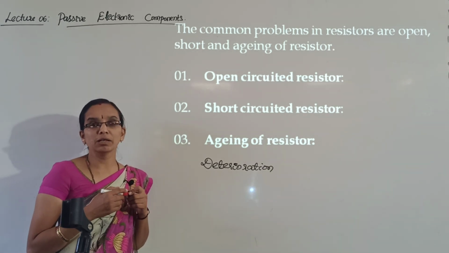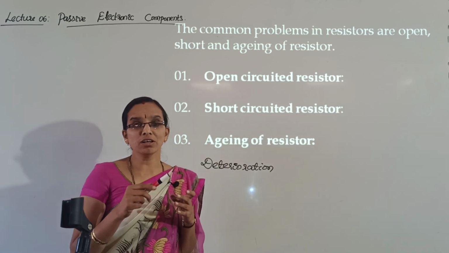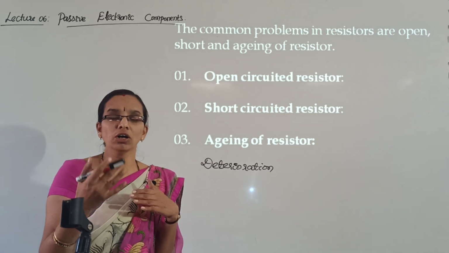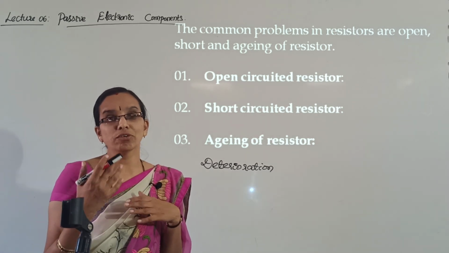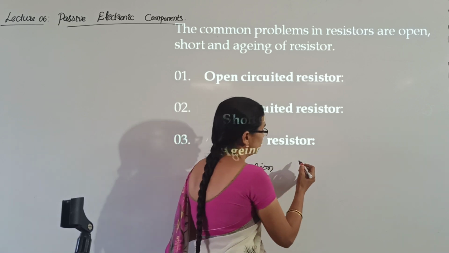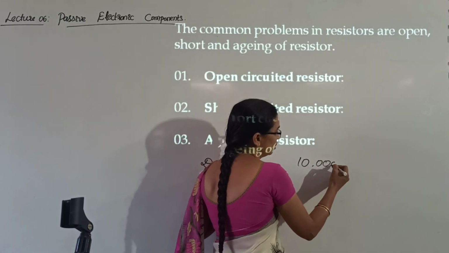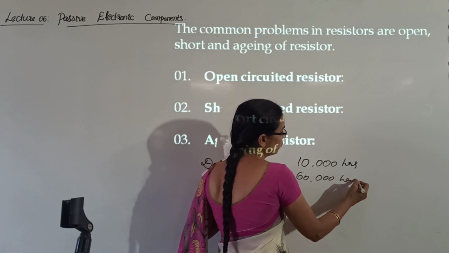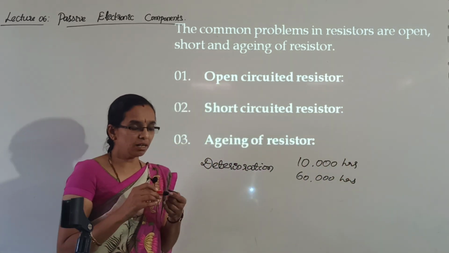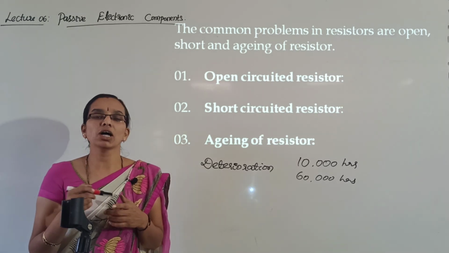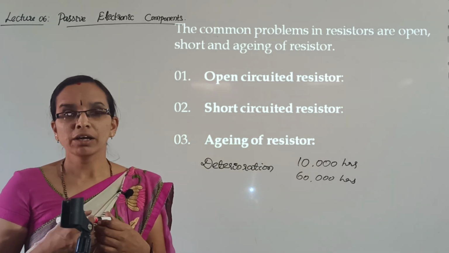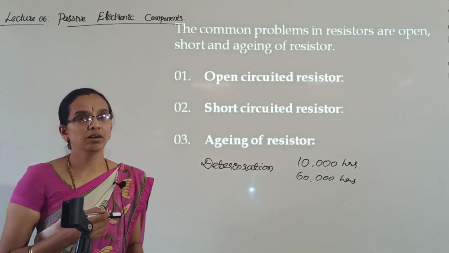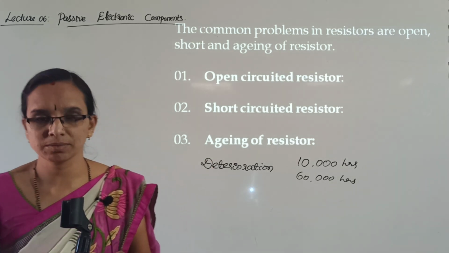Resistance value will vary because of aging, in the sense of using it after a long time, somewhere around 10,000 hours or 60,000 hours, something like that. After using so long, the resistor may decline its value. Also, the tolerance value of the resistor may be varied. So, that time the problem will arise of aging of resistors.